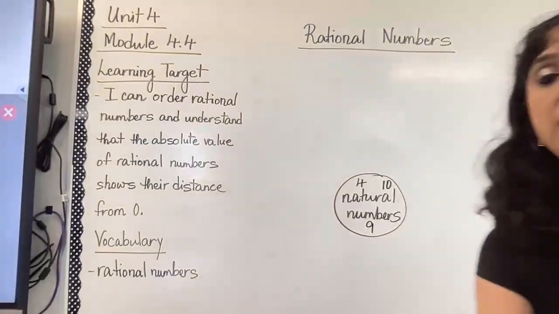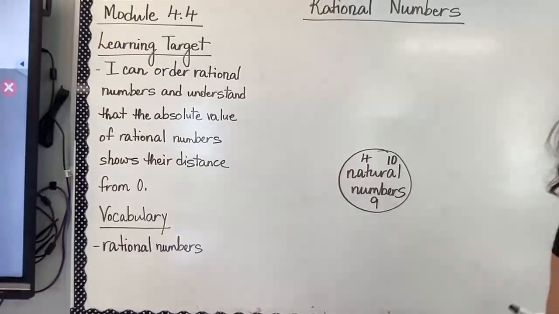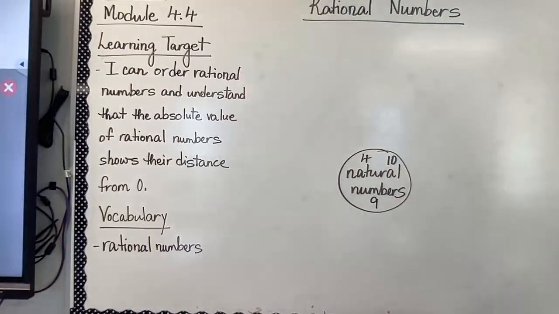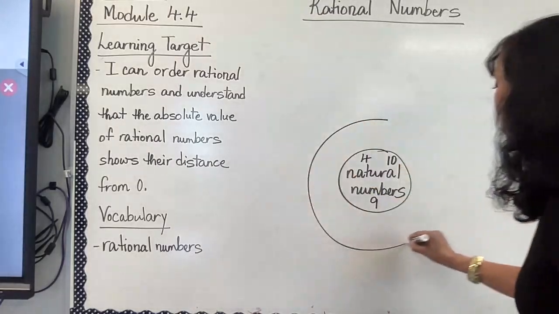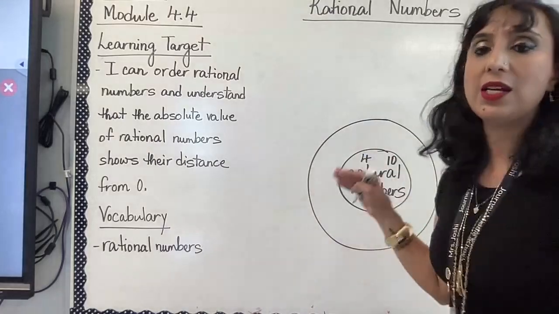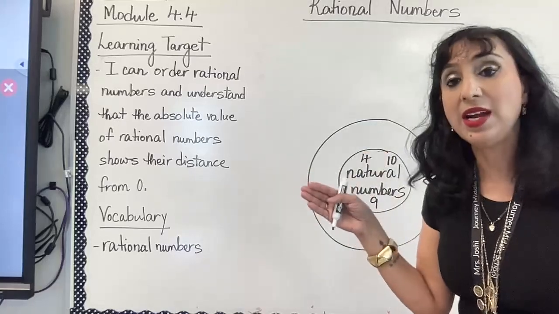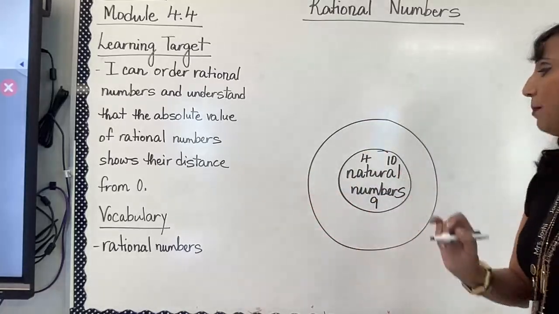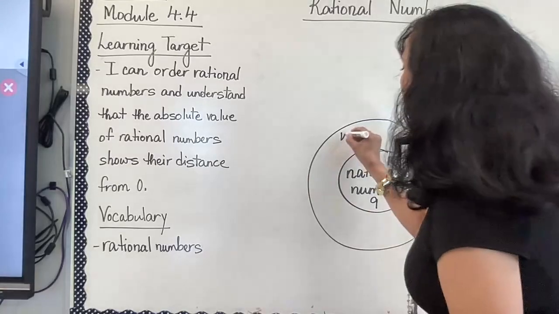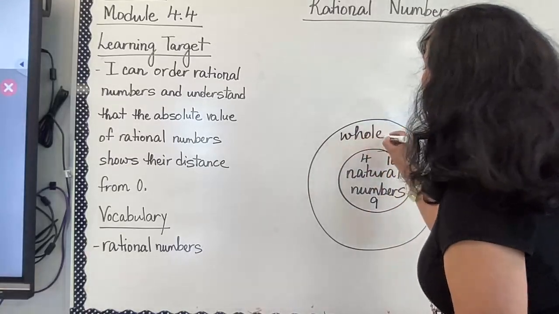And then the next level up, we have whole numbers, okay? So these are all subsets within rational numbers, all right? So we have the natural numbers. The next up are whole numbers.